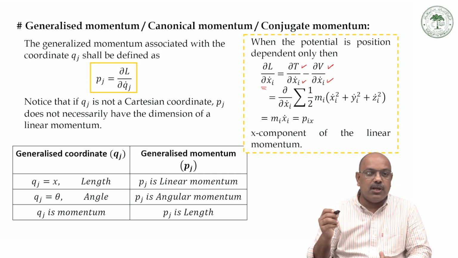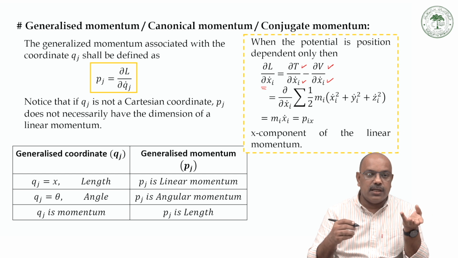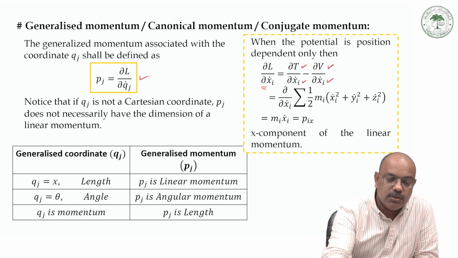The generalized momentum associated with the generalized coordinate is defined as delta L by delta qj dot.